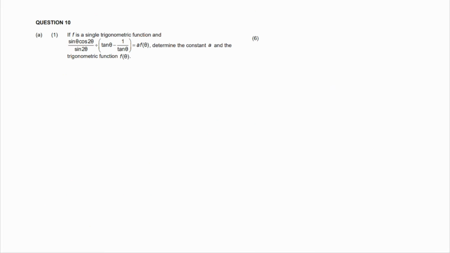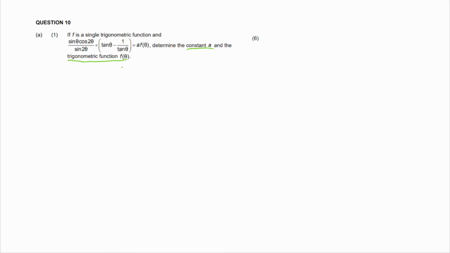Cool. Let's move over to question 10. All right, so they give us this hectic funny thing, and they say if f is a single trigonometric function, and they give all of this is equal to a f of theta, so f is a function of theta, determine the constant a and the trigonometric function f of theta, right?